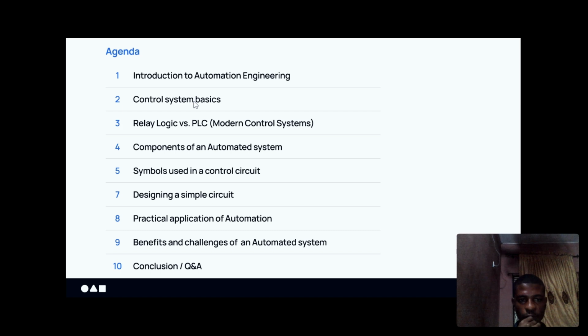Then we'll be going to control system basics, relay logic versus PLC, modern control system, then components of automated system, then the symbols used in control circuit, and then design a simple circuit, practical application of automation, benefits and challenges of an automated system. Then the conclusion, then the question and answer.